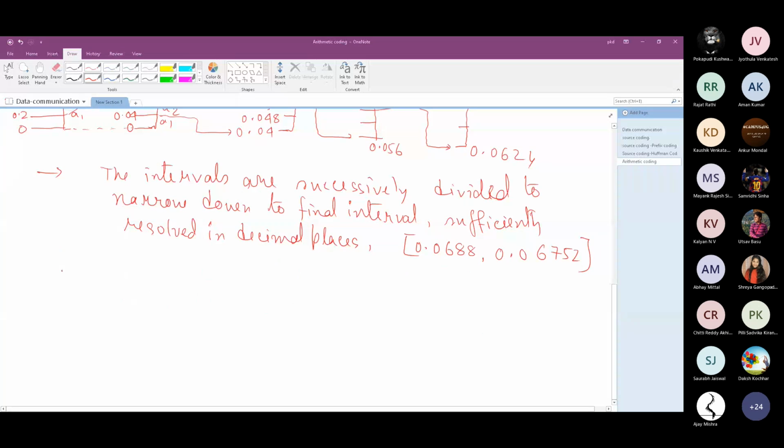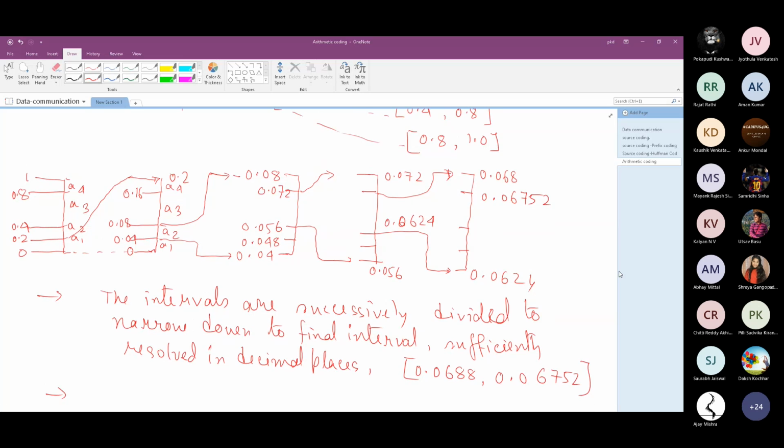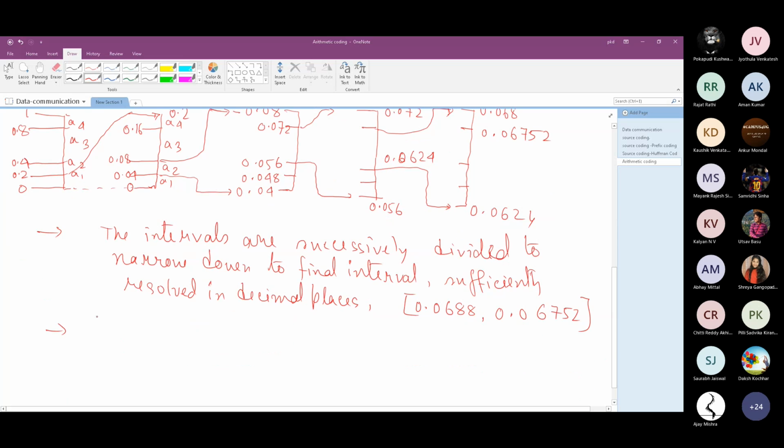So now the message can be any number between this interval. In fact, it can be any number in the upper interval as well, that is between 0.068 and 0.072, had it been resolved further.